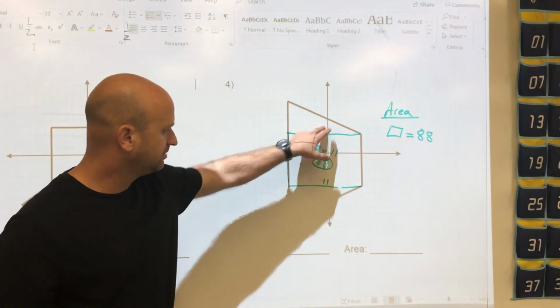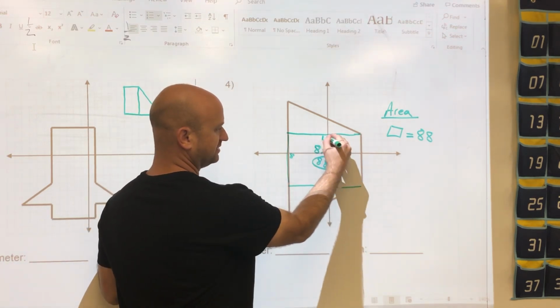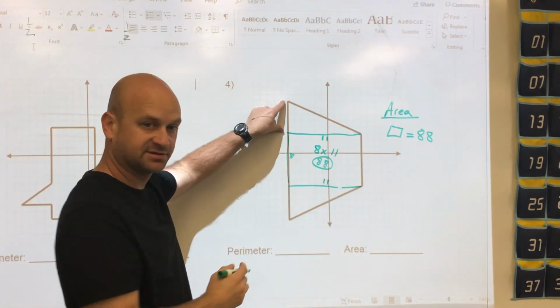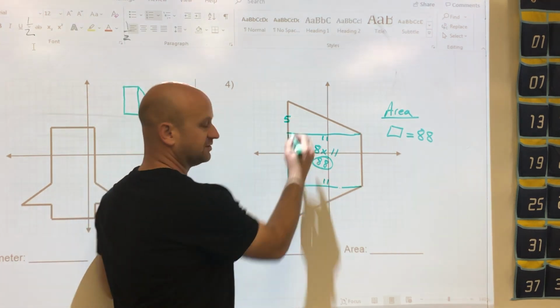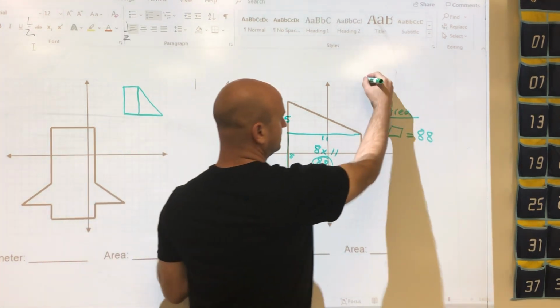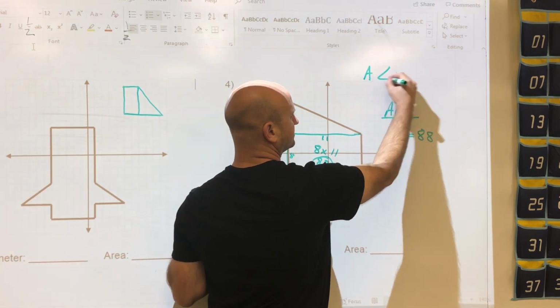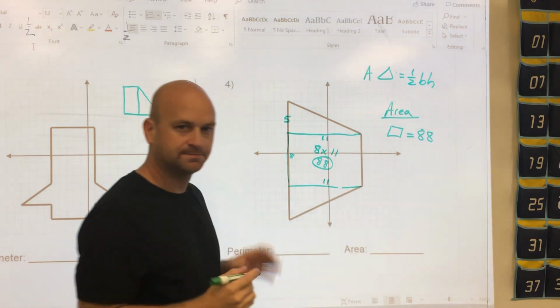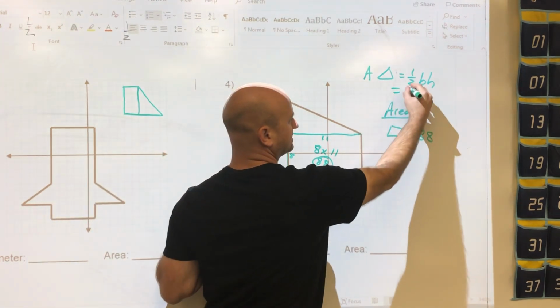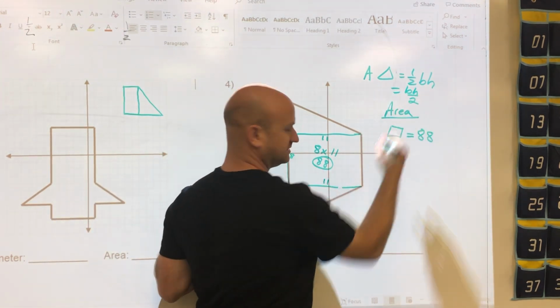All right, now if we look up here, this length would be 11, and then this length of the triangle is 1, 2, 3, 4, 5. Now the area of a triangle is equal to 1/2 base times height. I prefer to say base times height divided by 2.